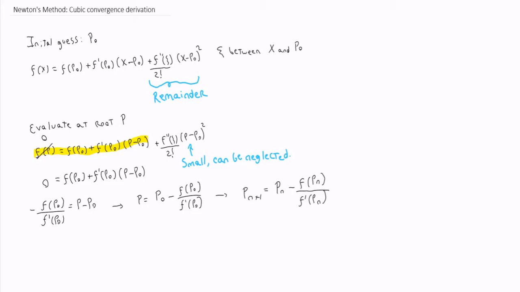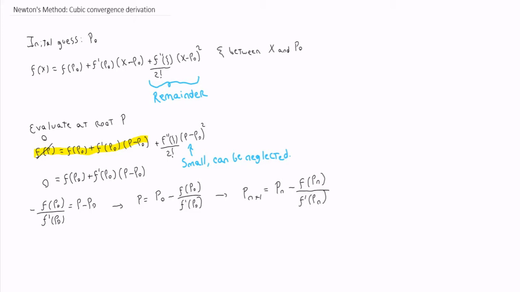So that means that we can rewrite this as an iteration. So then we have p sub n plus 1 equals p sub n minus f at p sub n over f prime at p sub n. So this is Newton's method written as an iteration.